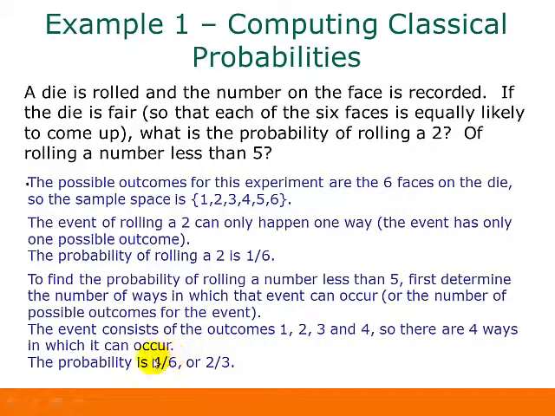So our probability is 4 divided by 6. Again, we're taking the number of ways that our event can occur, or the number of outcomes in the event, divided by the number of outcomes in our sample space. And here we end up with a fraction 4 over 6, which we can reduce to 2/3.